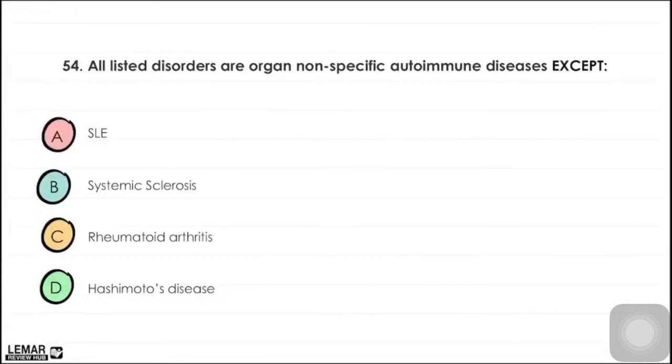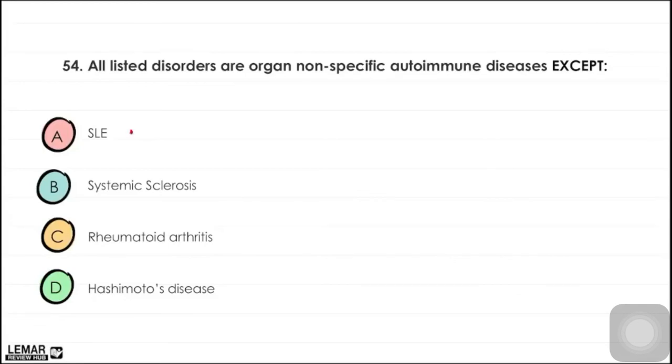Number 54. All of the listed disorders are organ non-specific autoimmune diseases except: letter A, systemic lupus erythematosus, B, systemic sclerosis, C, rheumatoid arthritis.